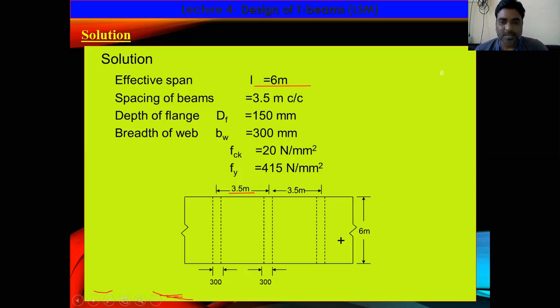And the effective span is 6 meters, and the width of the beam is 300 mm, and thickness of slab is 150 mm, right? So this is the given data. This is a plan showing the spacing of the beams, and the width of the beam is 300 mm.